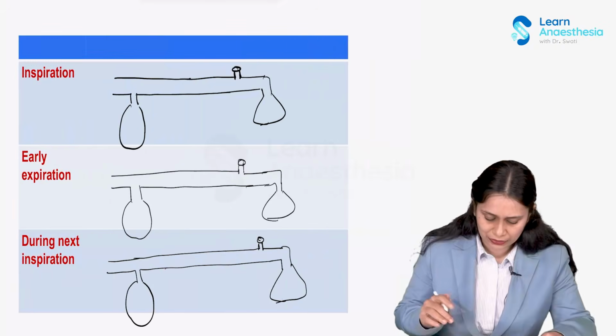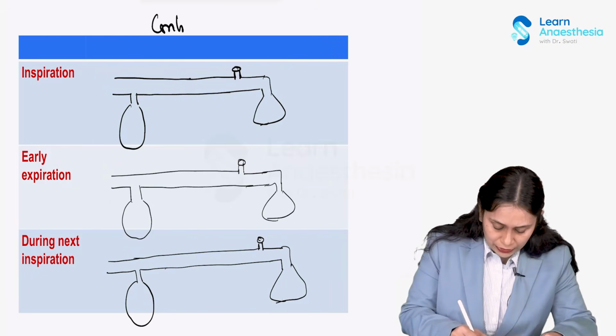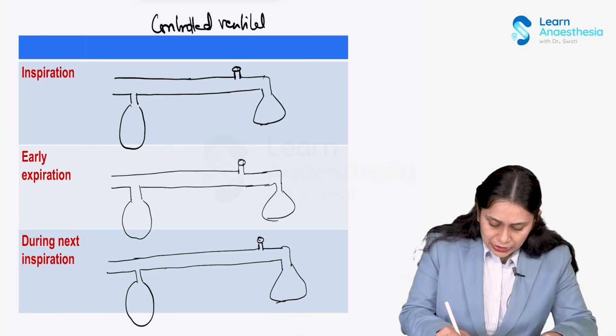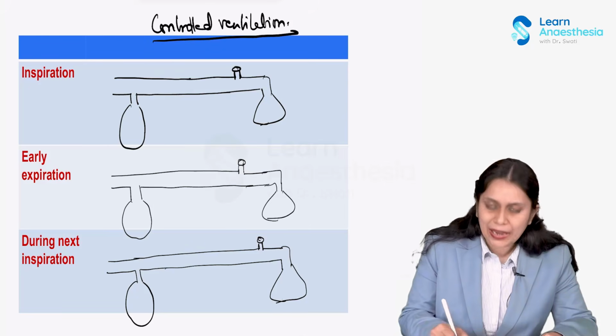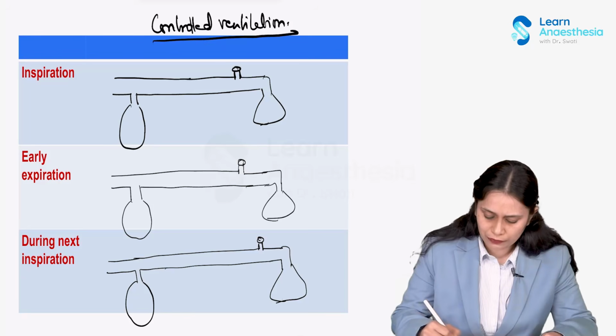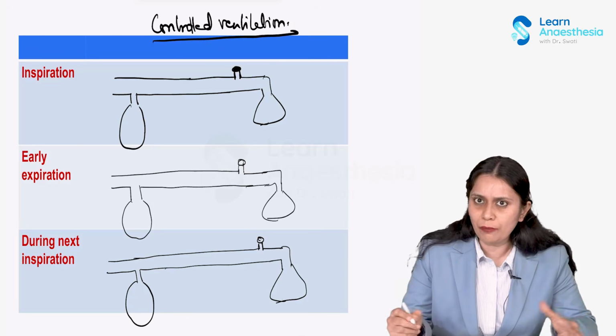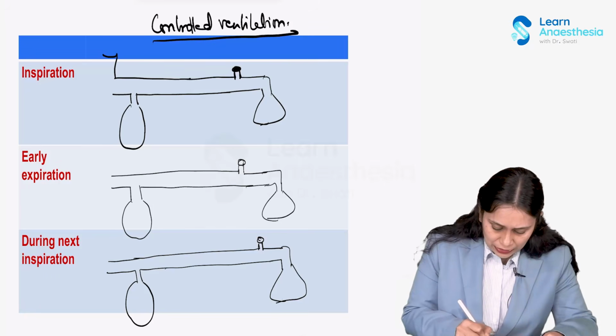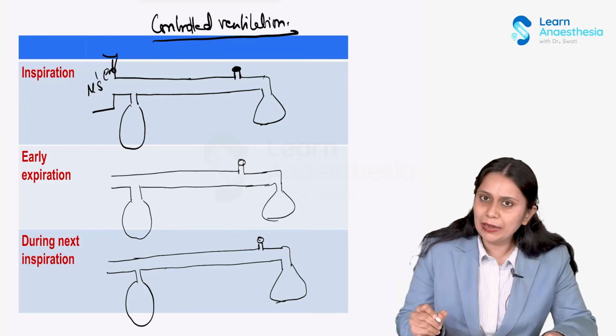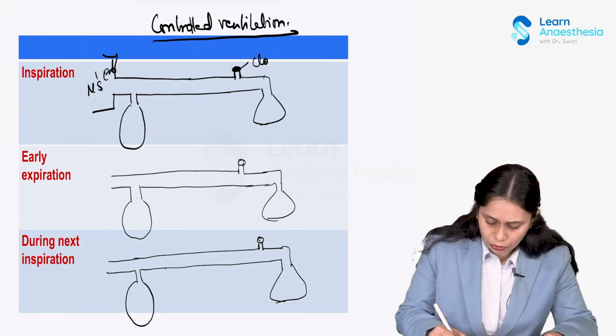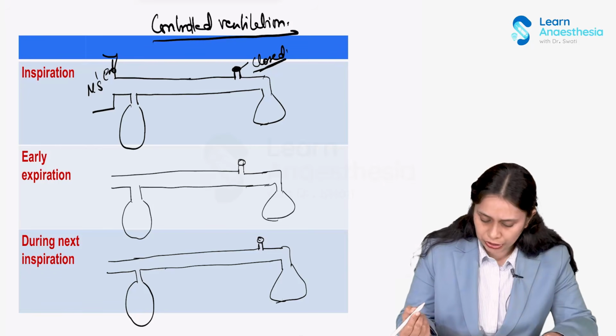How, we will discuss. So for controlled ventilation, we need to keep the adjustable pressure limiting valve closed. Then only enough pressure will be generated for the positive pressure. So this end is the machine's end. The APL valve is kept almost closed, so a sufficient pressure is generated.